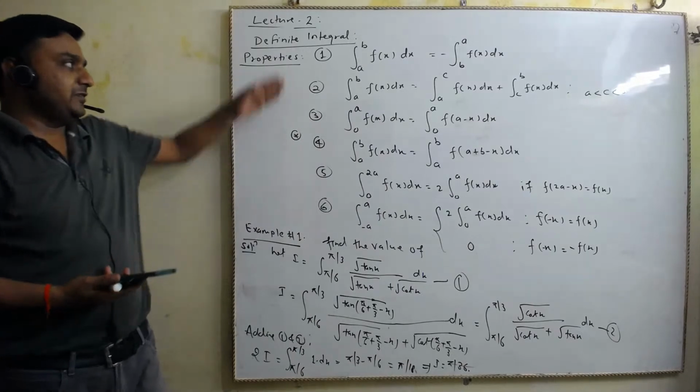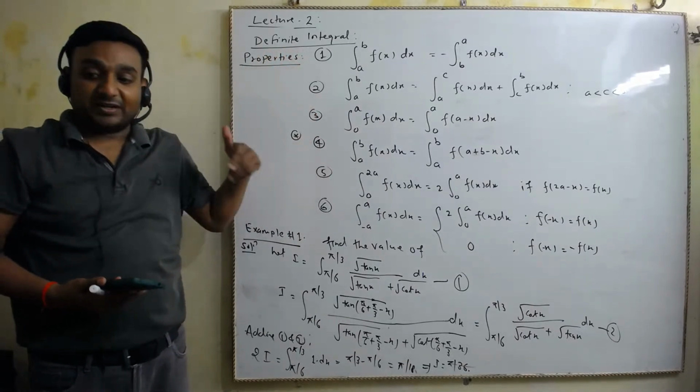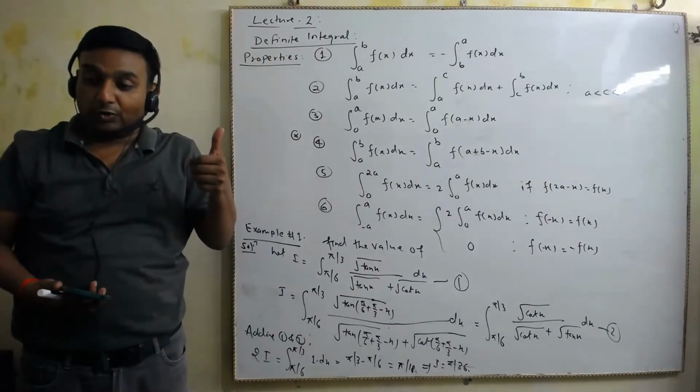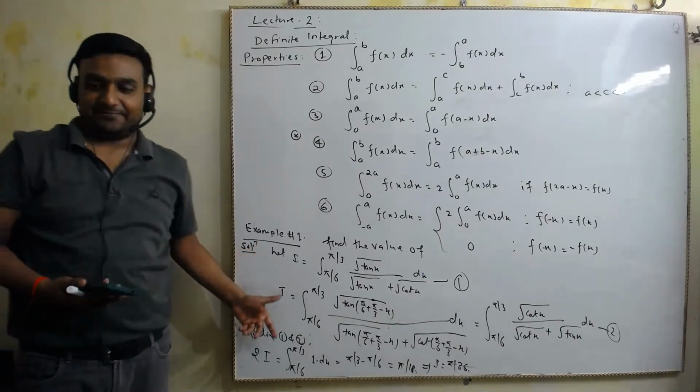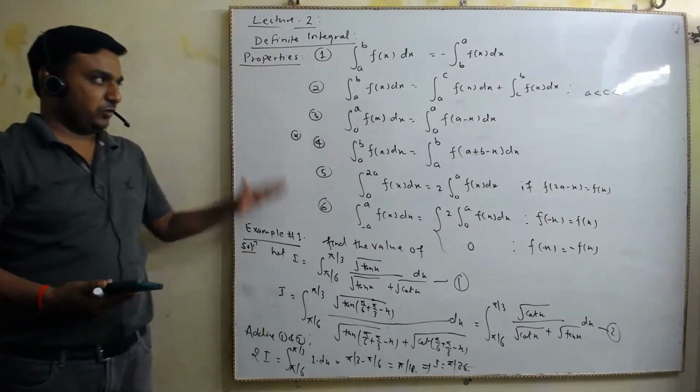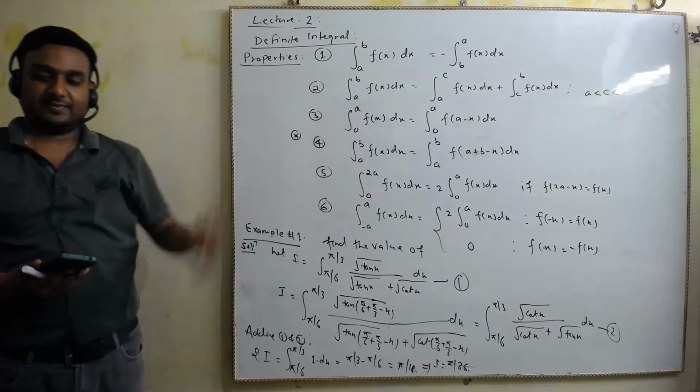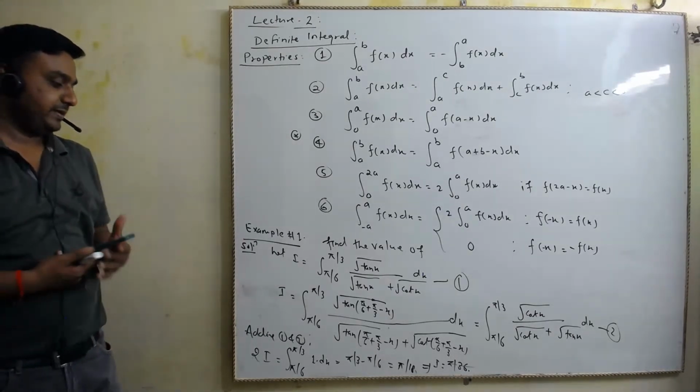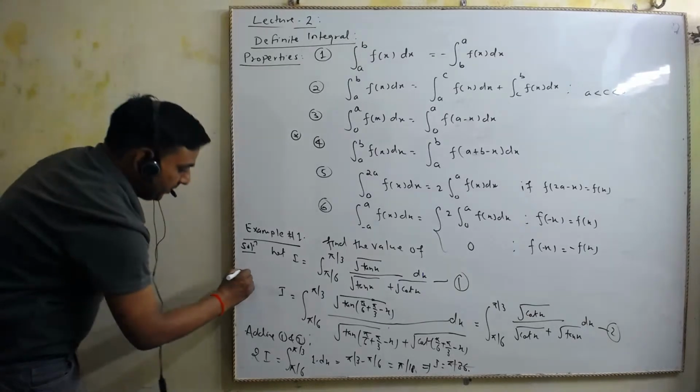Although these properties look pretty easy, where to use and how to use them is the important game. Okay, please note down. So you can write here using property 4.